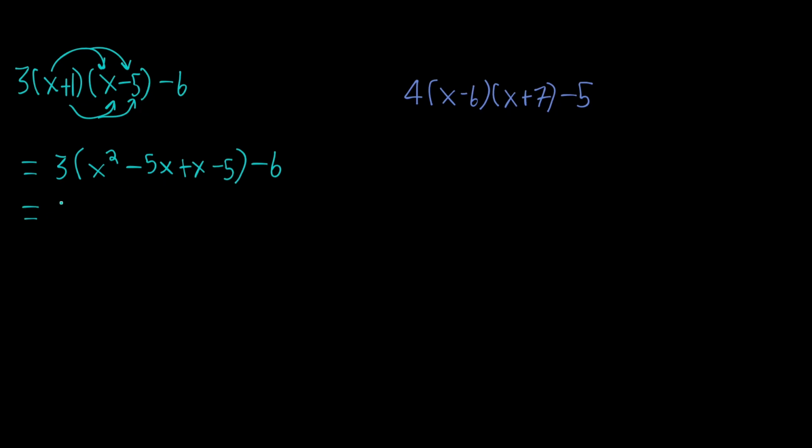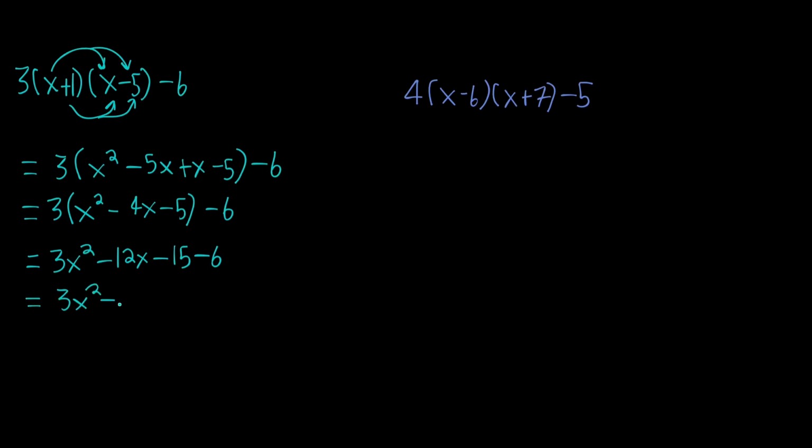I can collect my like terms on the inside, which is going to give me 3(x squared minus 4x minus 5) minus 6. Now I can go ahead and distribute that 3 to the inside. So that's going to give me 3x squared minus 12x minus 15 minus 6. And now for my final collection of like terms, that's going to give me 3x squared minus 12x minus 21 as the final answer.